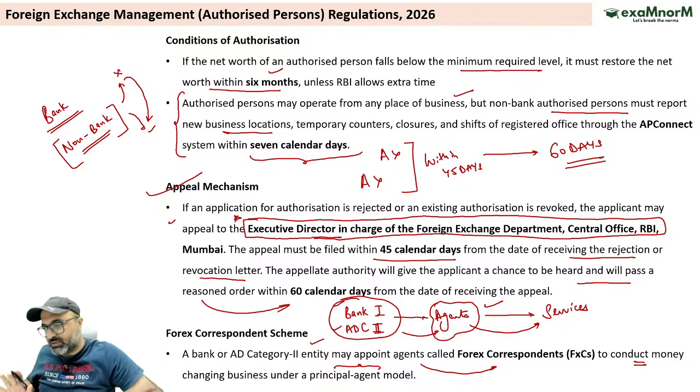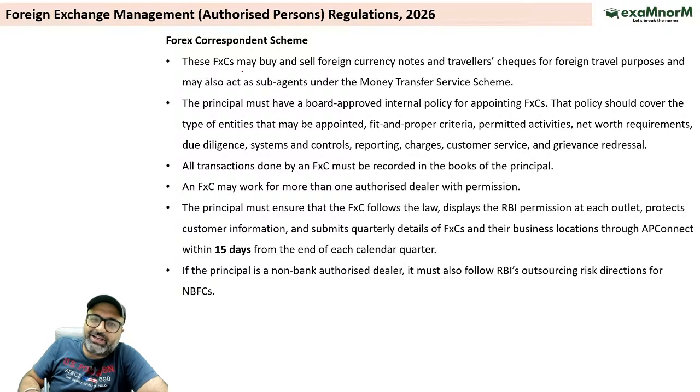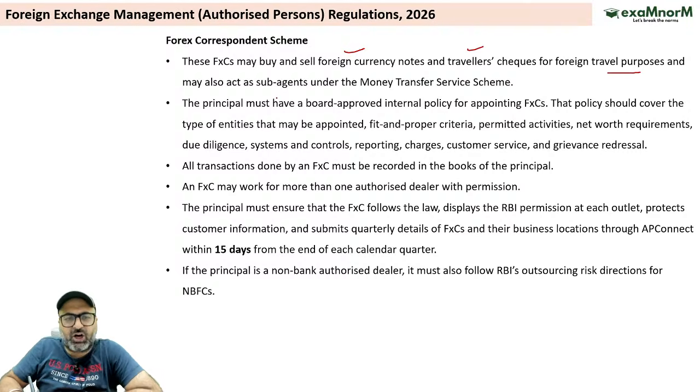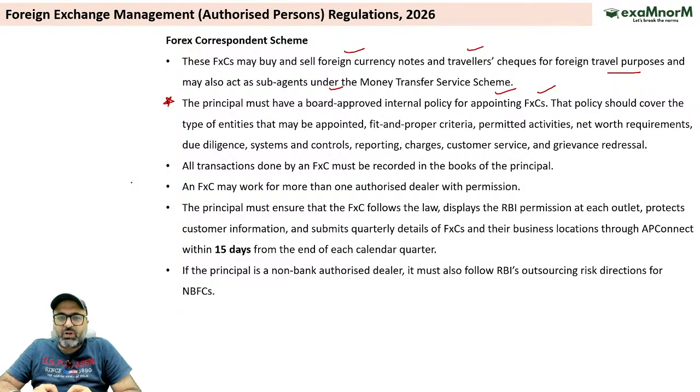Next point is the foreign exchange correspondent may buy or sell the foreign currency notes as well as traveler cheques for foreign travel purpose. And category 2 है, उनके पास एक set board approved internal policy होनी चाहिए on the basis of which they are appointing the foreign exchange correspondents.